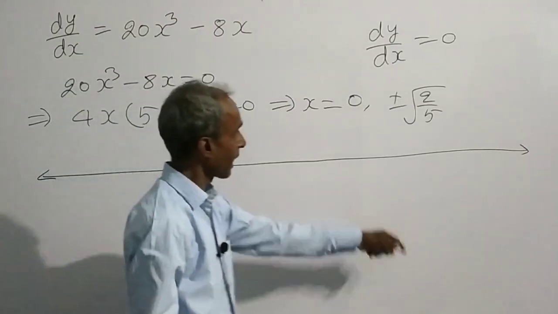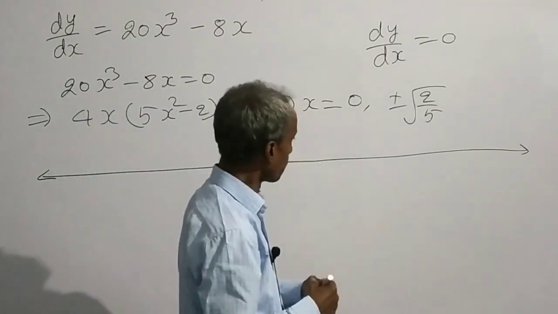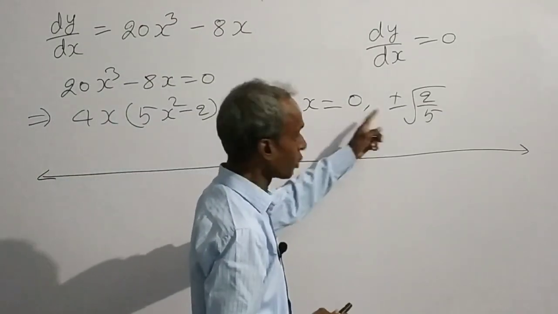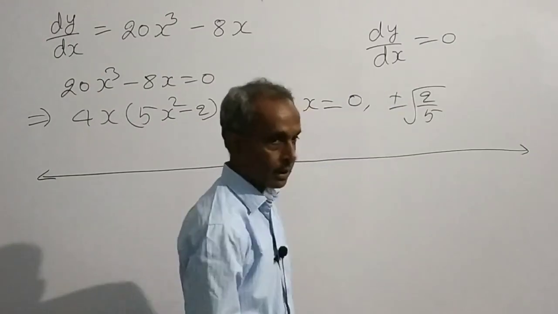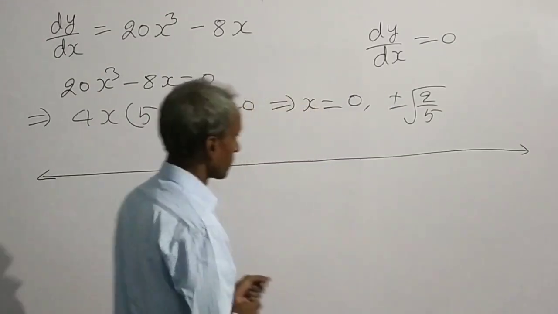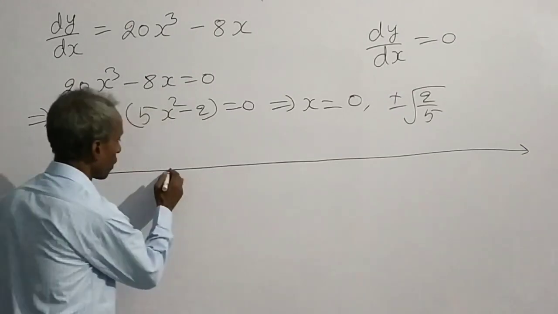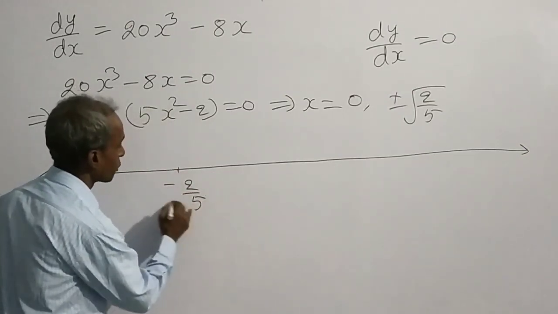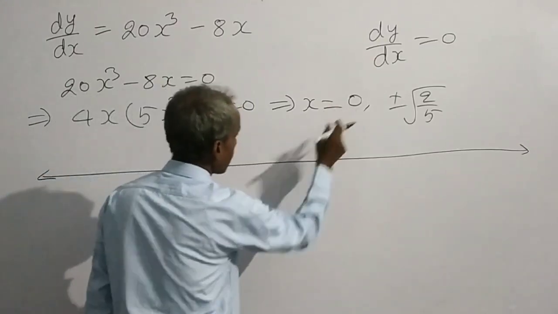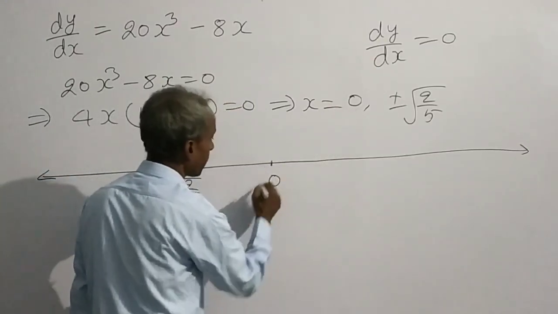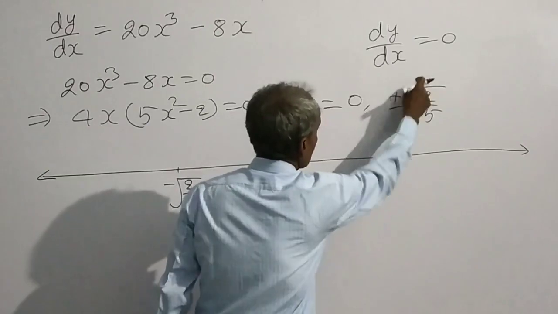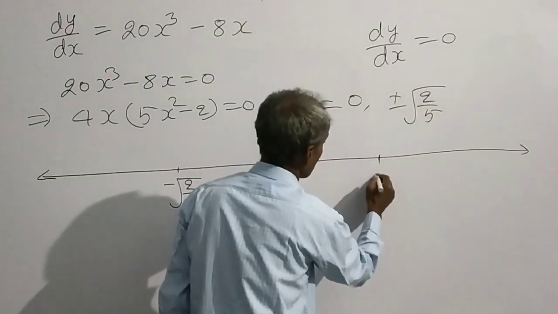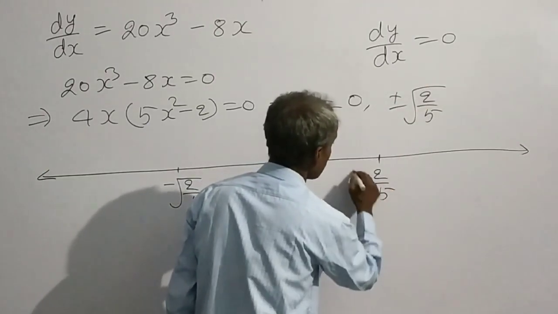On this real line, we put all values of x obtained here in order. That means the smaller number will be written first, minus root of 2 by 5. After that 0 will be written, and after that root of 2 by 5 will be written.